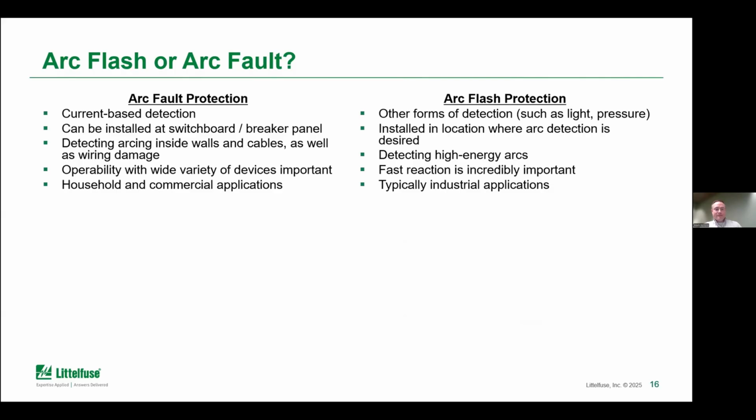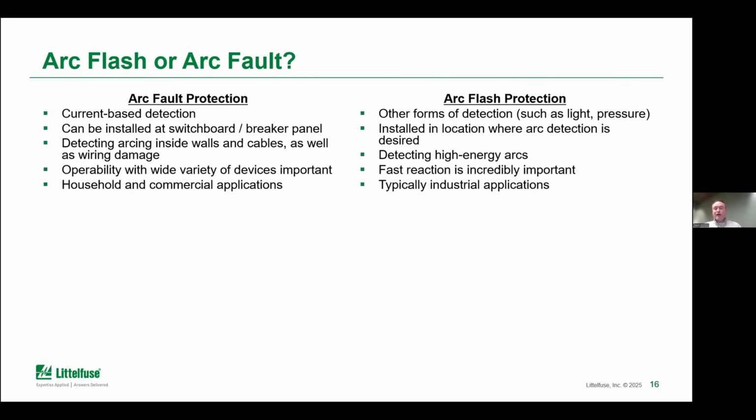So then you can have a device that's installed in the switchboard that's able to see if there's arcing on that circuit, and really designed to detect arcing that can occur inside walls, or if there's a cable that's been damaged. It's easy to think about wiring that's in a wall, and someone goes to later on hang something on the wall, and they put a nail through and they put it in the wrong spot and pierce the insulation of the cabling. So this is really what is generally referred to as arc fault protection.